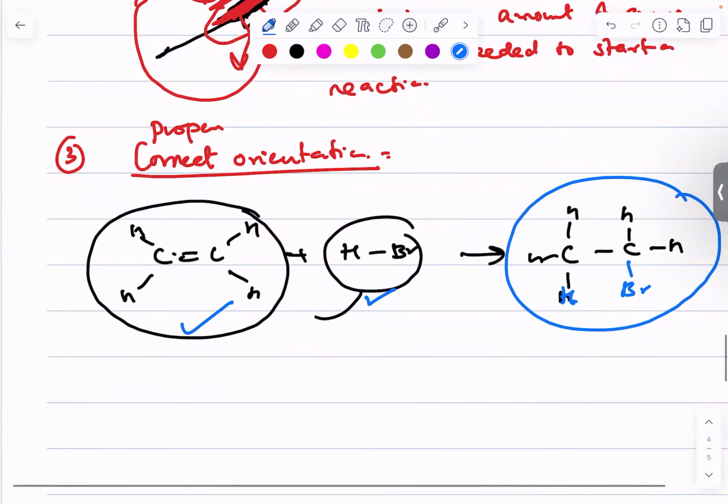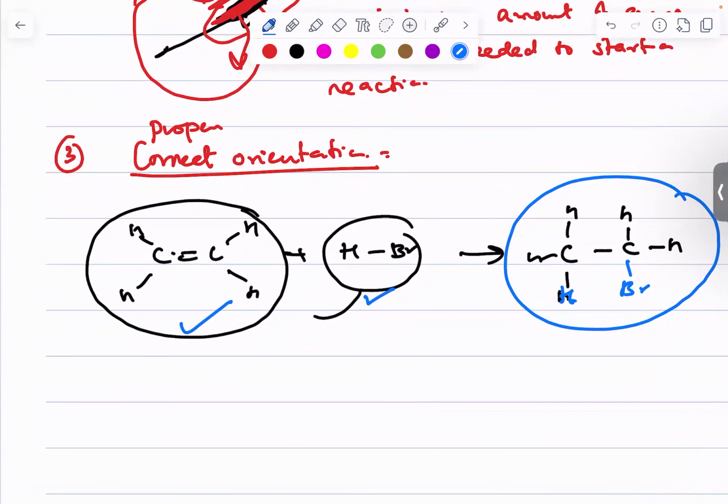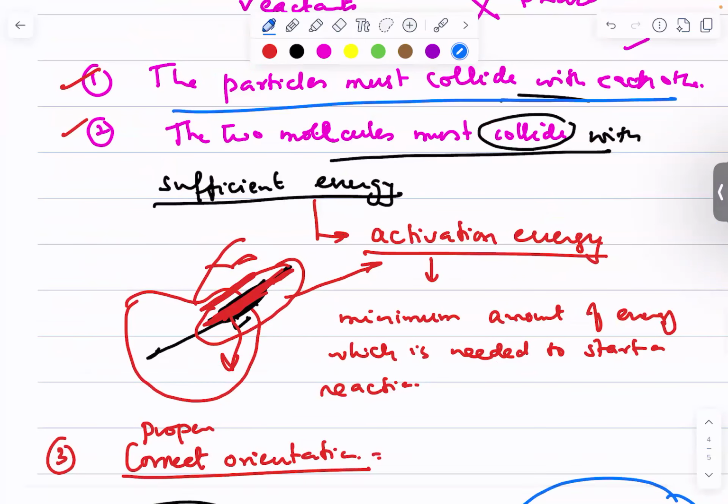Even after fulfilling the first condition, the reaction will not be successful. What is the next condition? When they collide, they must collide with sufficient energy, and that energy is called activation energy. So they must have the proper energy so that the collision is a fruitful collision. Okay, good.